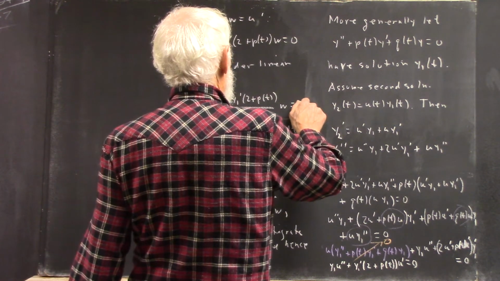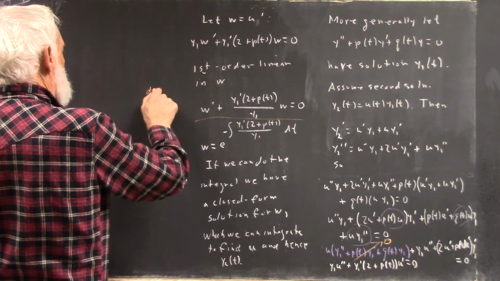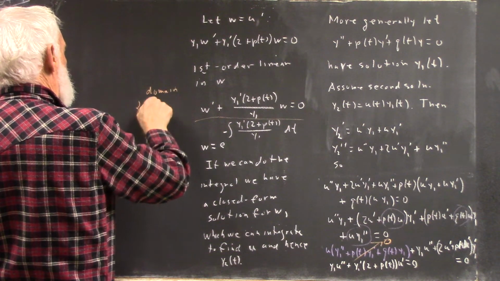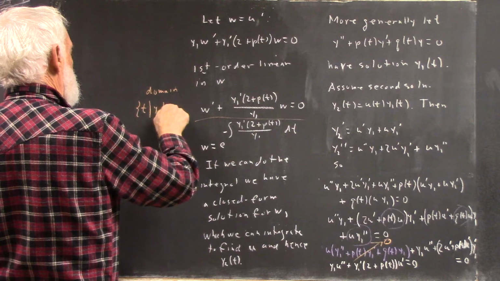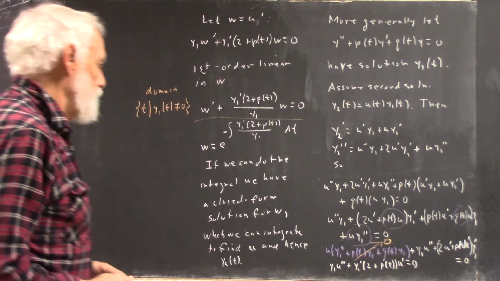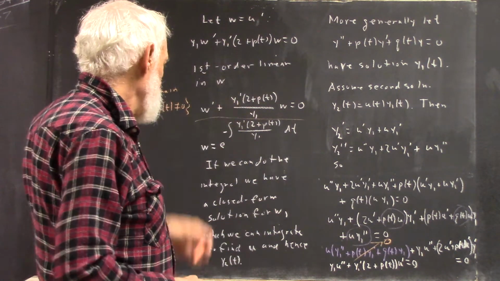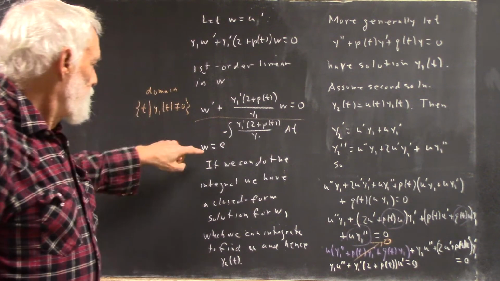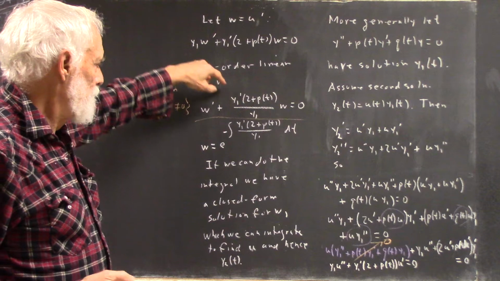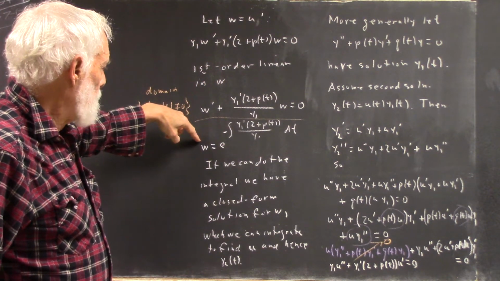I guess I should write that as a side note. So you might have a split domain if y1 has one or more zeros. That's not going to happen often, but it could. I don't think I've encountered it.